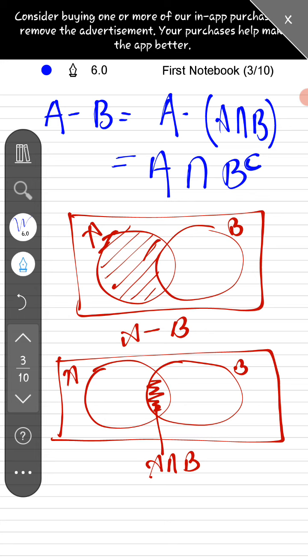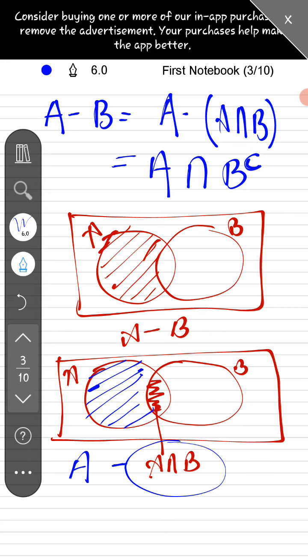And now it has asked me to subtract A from it. It is obvious that now we do not have to write this part, so this part will again be the answer. Yes, we got the answer. Are both the same? Yes, both are the same. This shows this is A minus B.